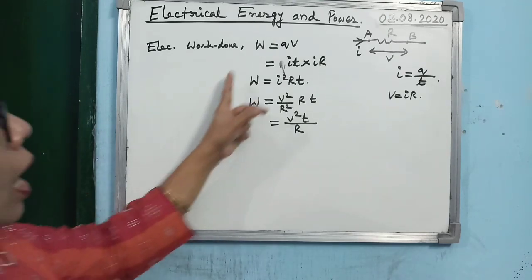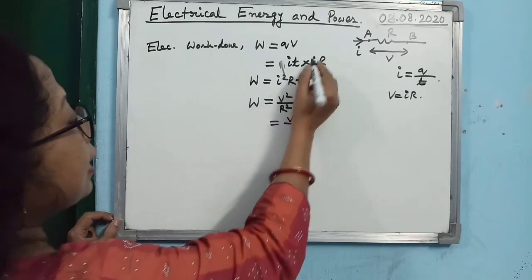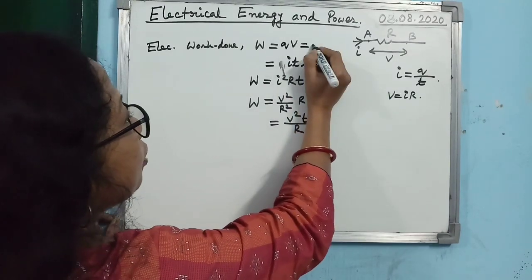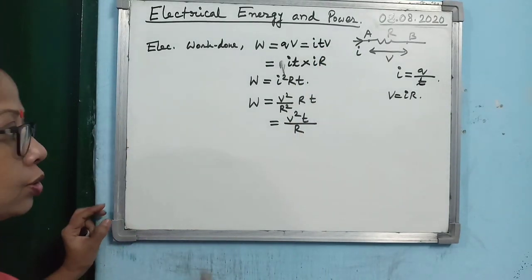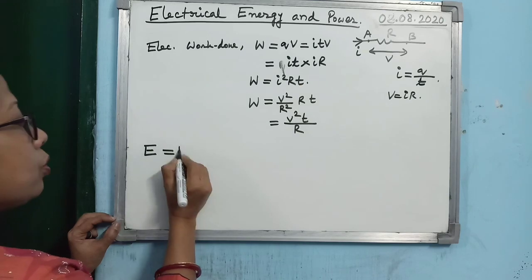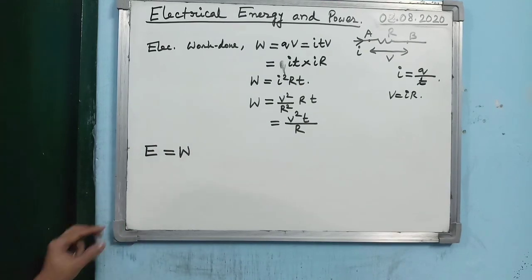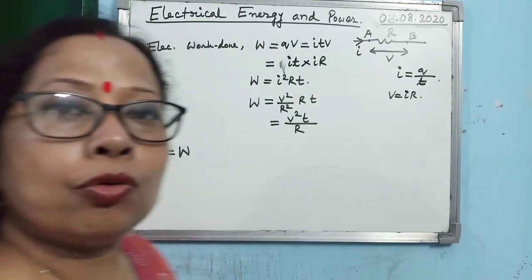So how can you write all these relations? You can write Q is equal to I into T, so I into T into V also. Again we know electrical energy is equal to the electrical work done. Rather, for any kind of energy, we can say energy is equal to work done.